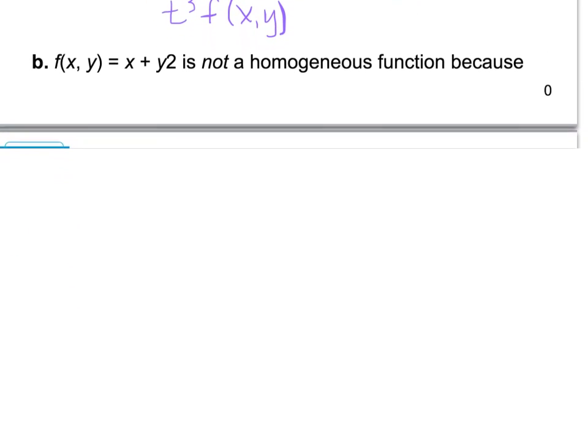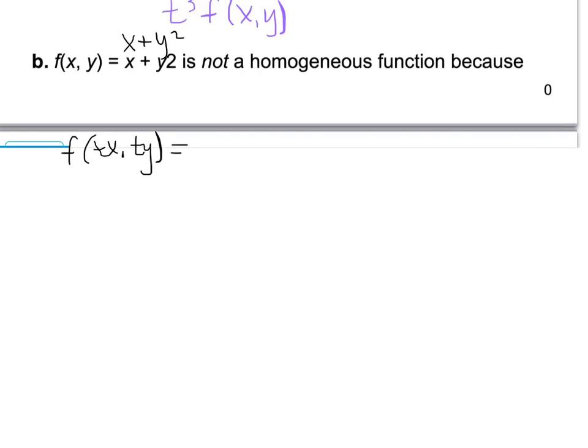Now let's look at part B, where it says f of x, y equals, this should be x plus y squared. And we want to prove that this is not a homogeneous function. Okay, so if we start out, we're going to go f of tx, ty, and I want to show you this so that if you run across this scenario, you know that you didn't necessarily make a mistake, but this does happen.